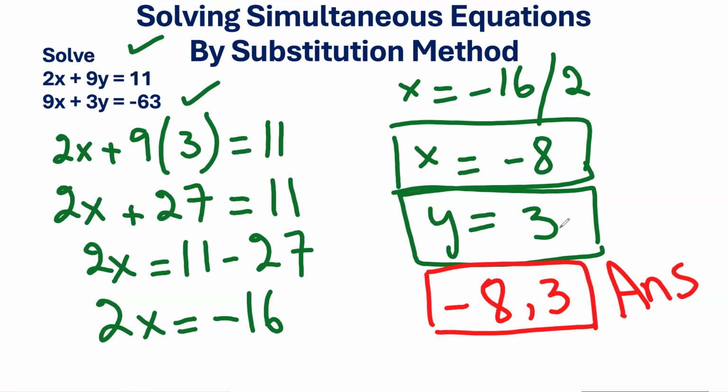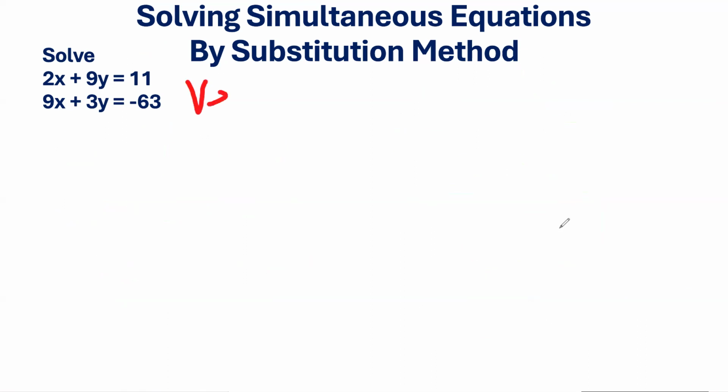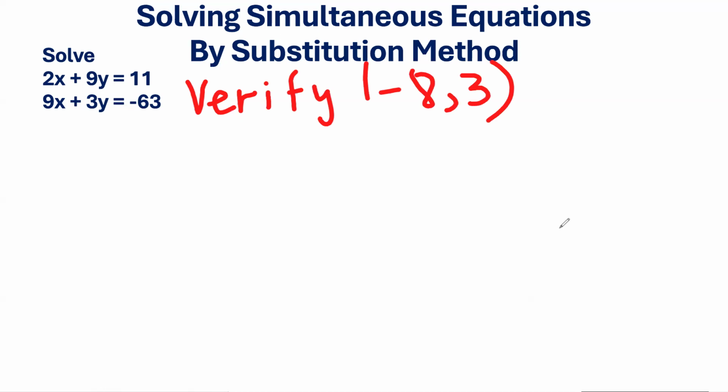Now let's do the last step, verification of minus 8, comma 3. Now we are verifying minus 8, comma 3. x is minus 8 and y is 3. I'm using equation number 2.